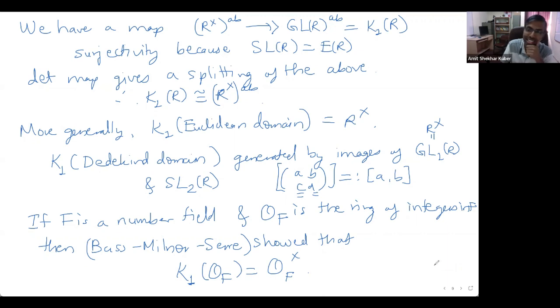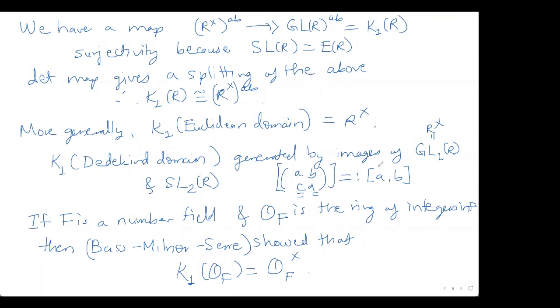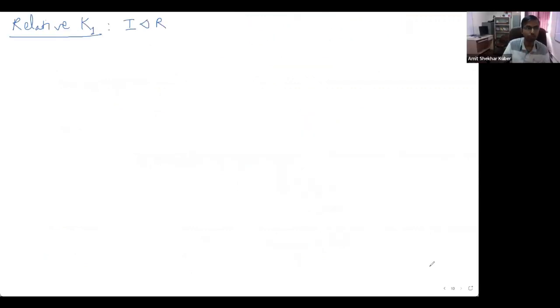No, I haven't seen any result in that direction. I know that for a Euclidean domain, one would expect that it is R cross, but I have never seen that example. But it's worth checking. Thanks for the question. I will also check it.